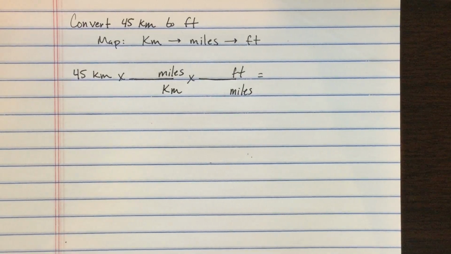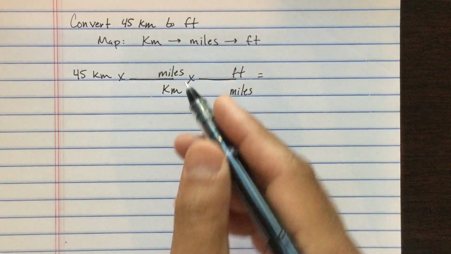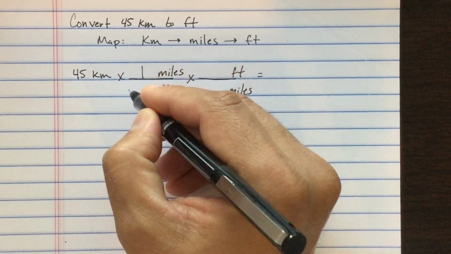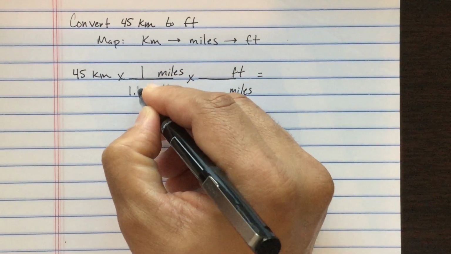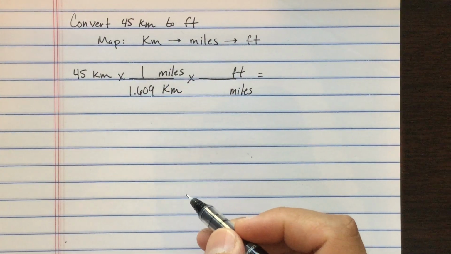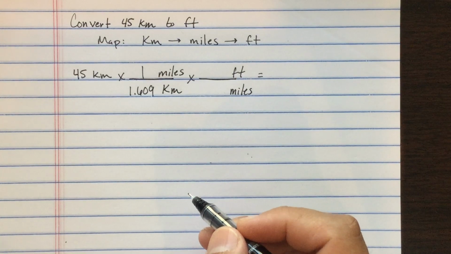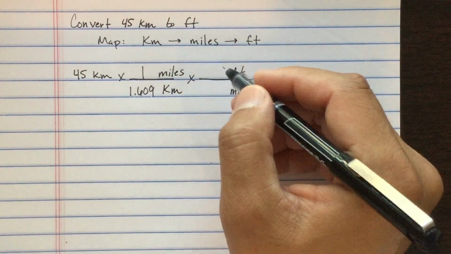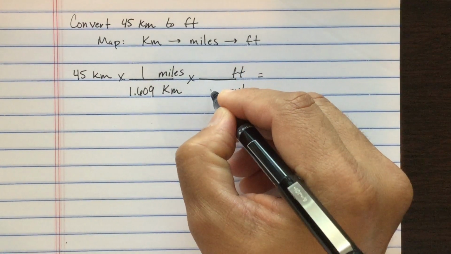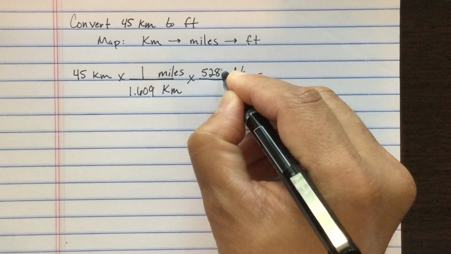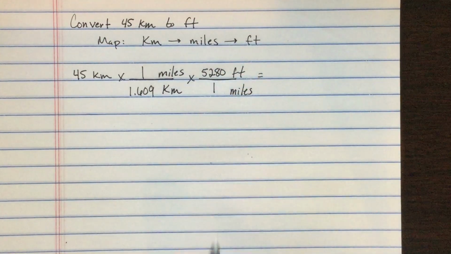Now let's plug in our values. From our conversion table, we know 1 mile is 1.609 kilometers, and that's from our table. Some tables might round this to 1.61, but we'll go ahead and use what's in our conversion table. And in our feet and mile relationship, there's 5,280 feet for every 1 mile.